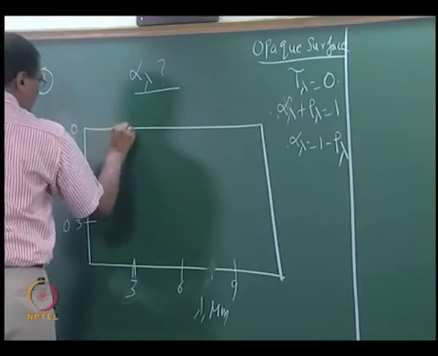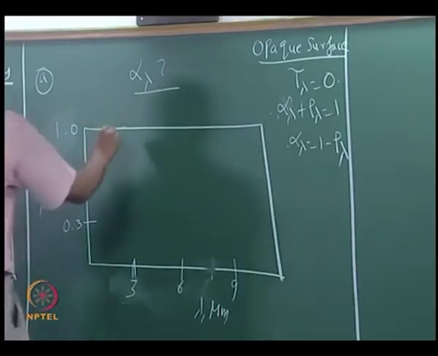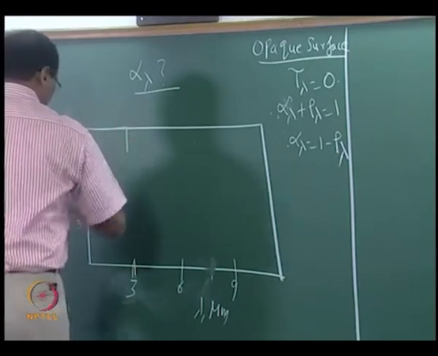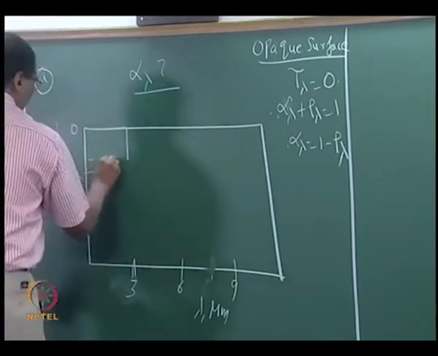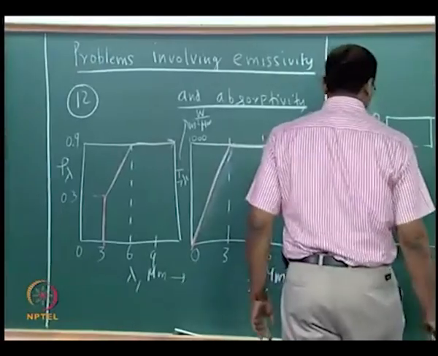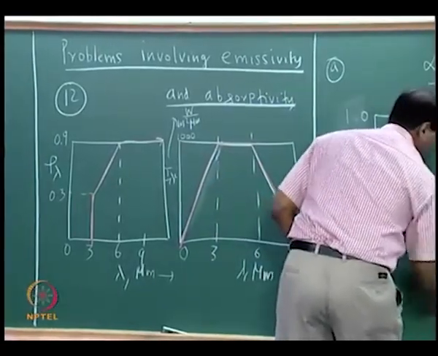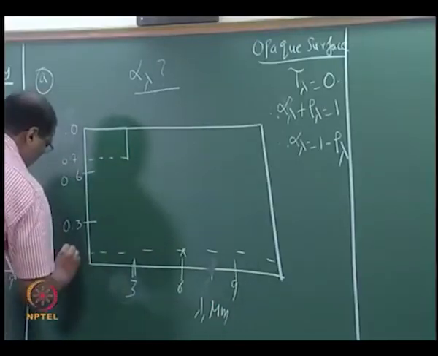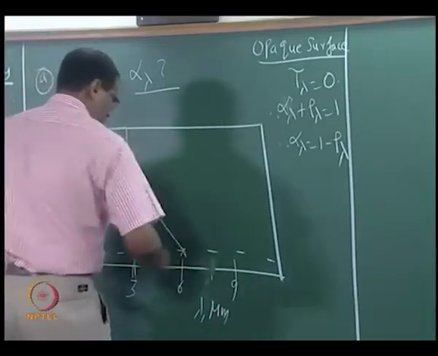okay, then it drops to 0.7, then at 6 it becomes, then straight.